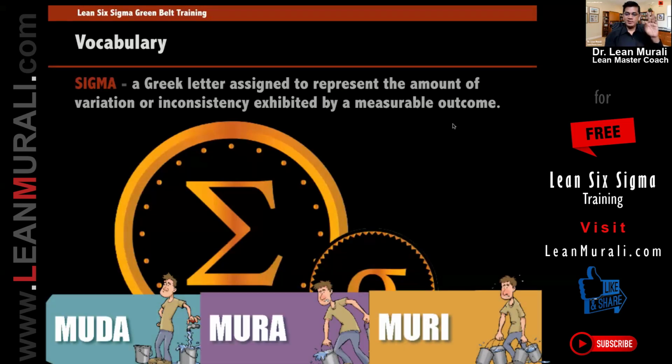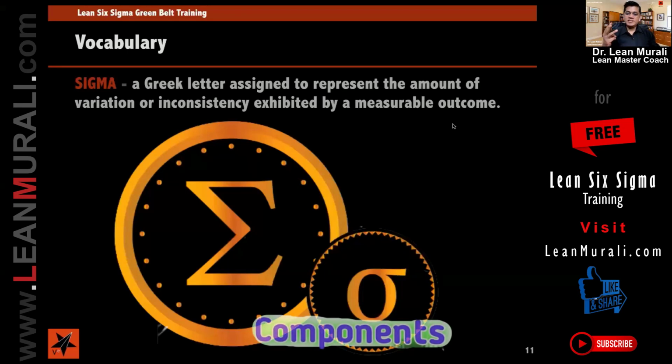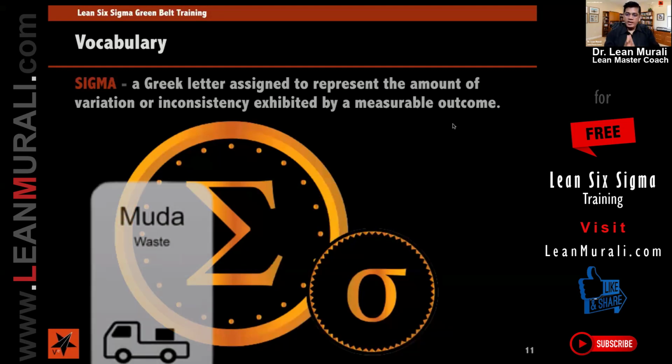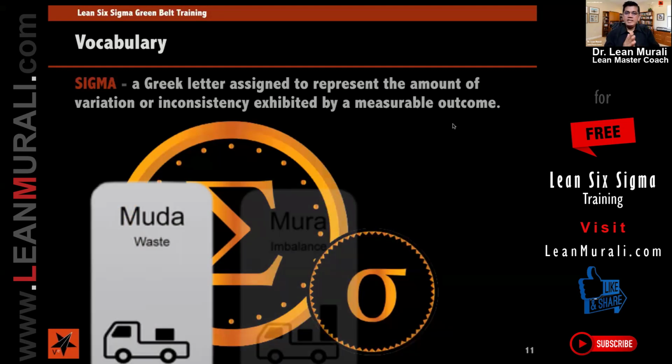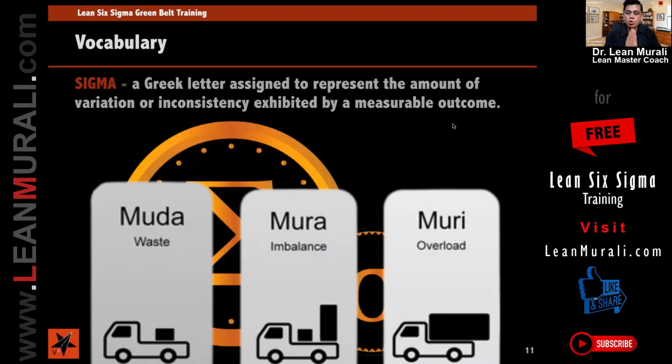How many of you have heard about this? A question to all of you: which of these components represents sigma? Muda means waste, Mura means variation, and Muri means overburden.